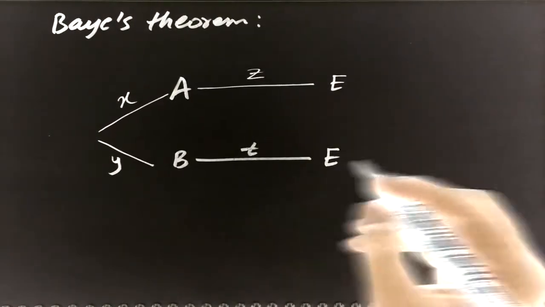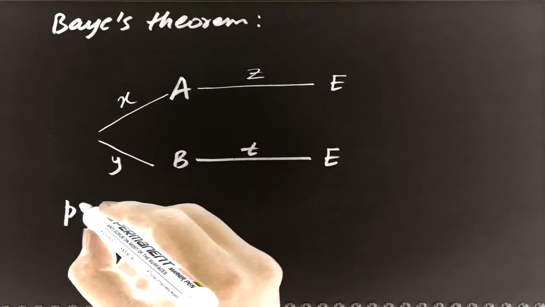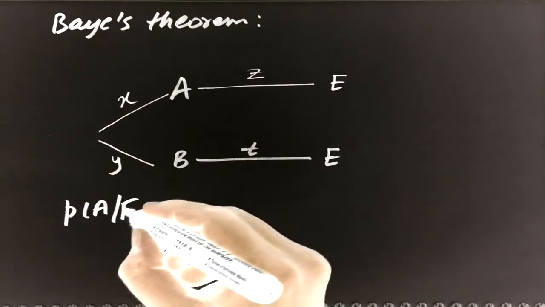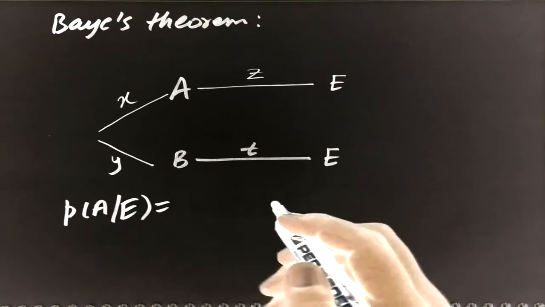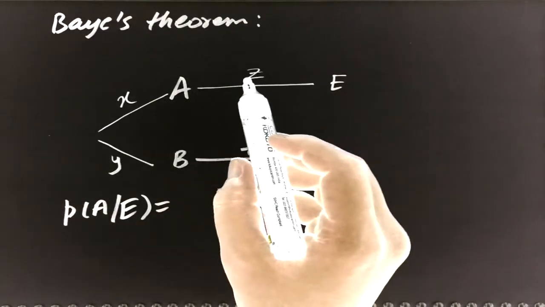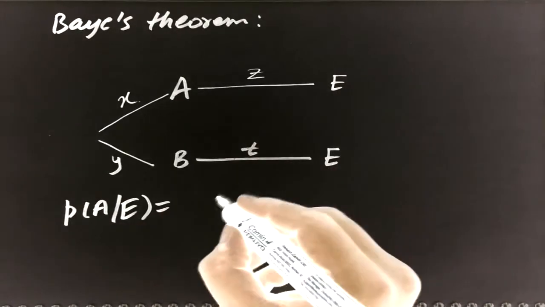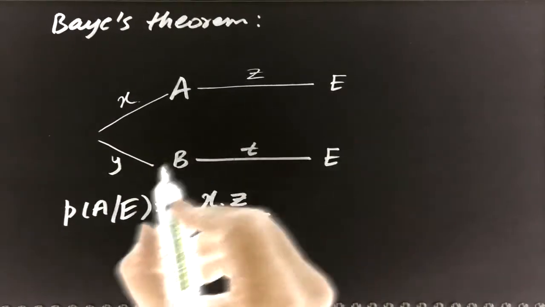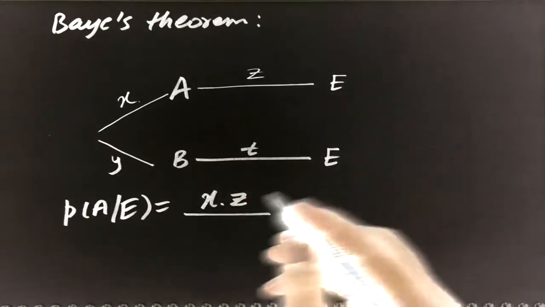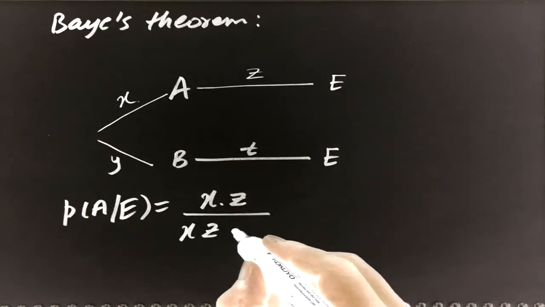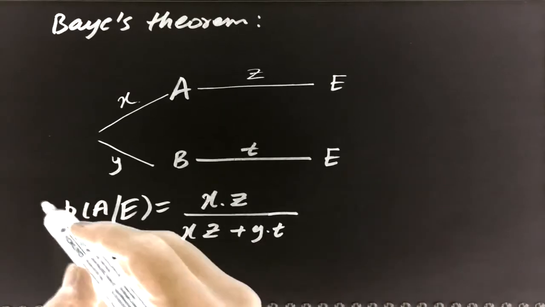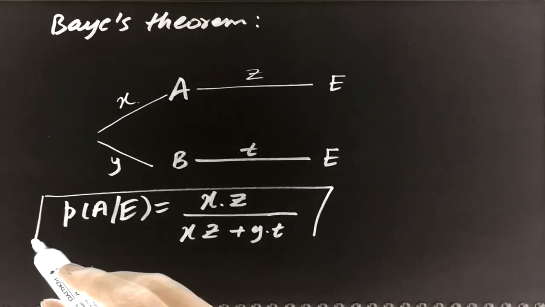So now if I want to know the probability of event A when E has been done, just reverse, then the formula would be simply X into Z divided by X into Z plus Y into T, total sum. That's it.